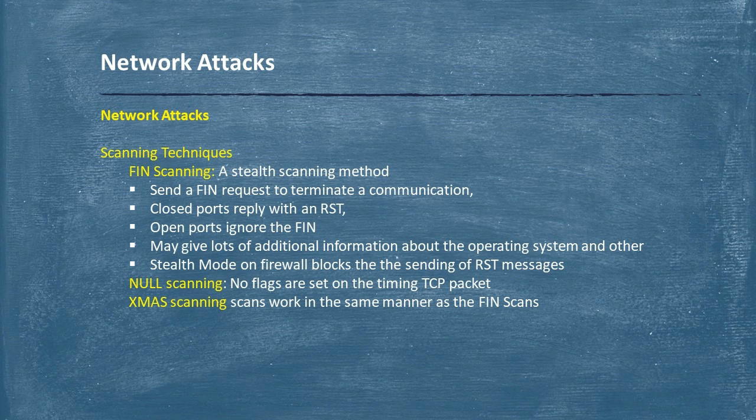So the attacker now knows that if he receives an RST, then the port is closed, and if there is no response, then it is open. Then again he will try to probe more: what operating system, what version of TCP/IP, what version of the OS, and what are the known vulnerabilities in this version of TCP/IP. So it goes on exploring, like we saw in the discovery phase.